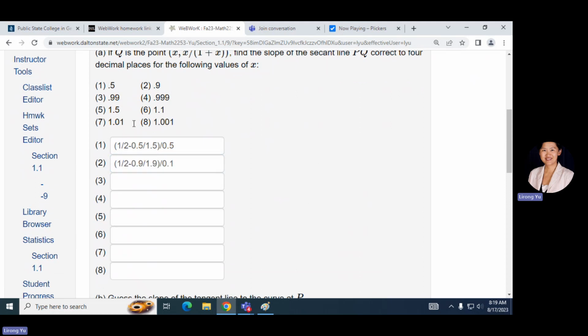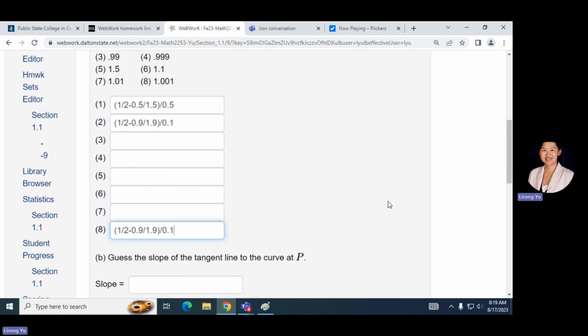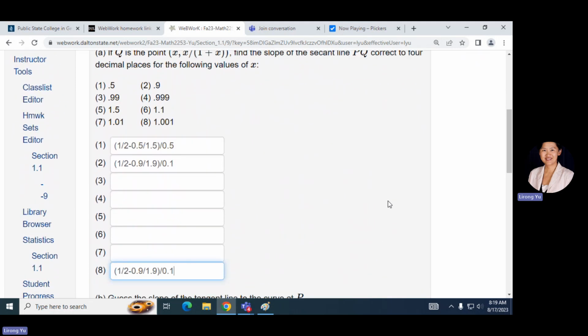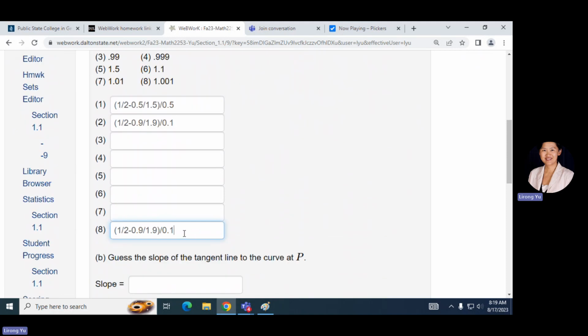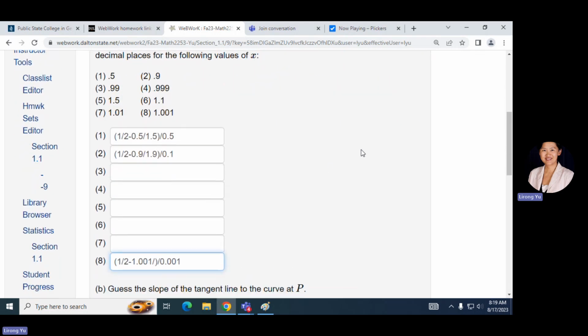So the most indicative is maybe number 8. So let's see. We got number 8 calculated. So the denominator should be 1.01 minus 1, that's 0.01. The numerator should be the y value, with 1 half as the other y value. So this y value must be 1.01 over 1.01 plus 1.